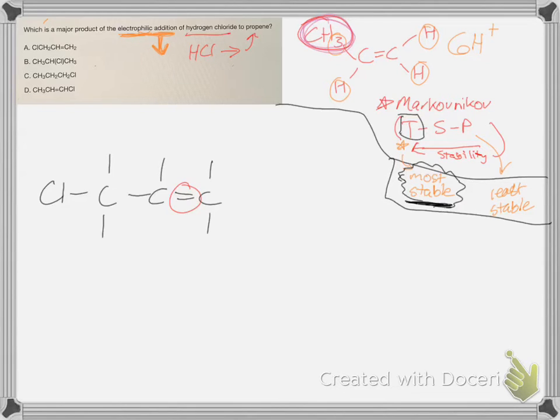But another reason why this answer is wrong is because 1, 2, 3, 4, 5 hydrogens. So as I said in the beginning of the explanation, if we had an answer with less than 6 hydrogens, that's a very crucial part of this explanation, or propene.